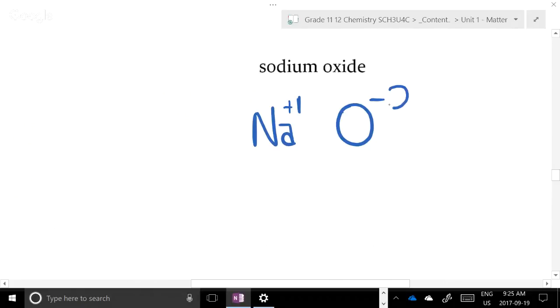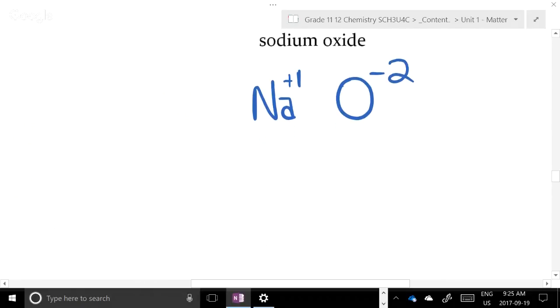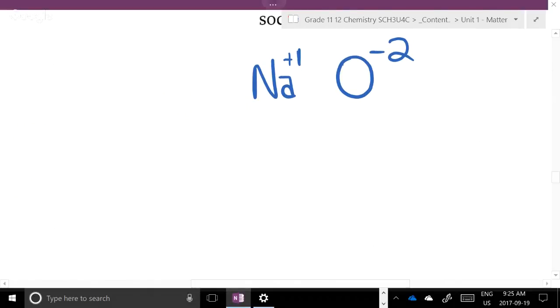Very good. So now, if every sodium has a charge of +1 and every oxygen has a charge of -2, how do we balance those out? If I had just 1 sodium and 1 oxygen, is that balanced? No. What do I need more of? Sodium. Specifically, how many of them do I need? 2. Does that make sense?